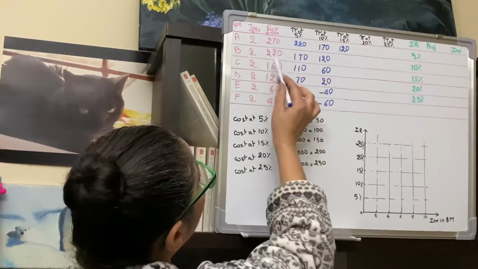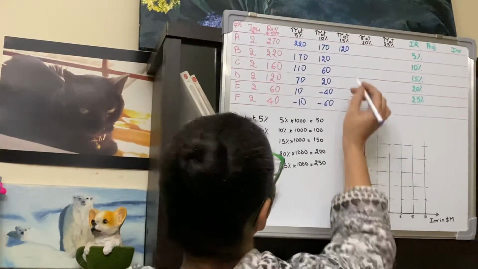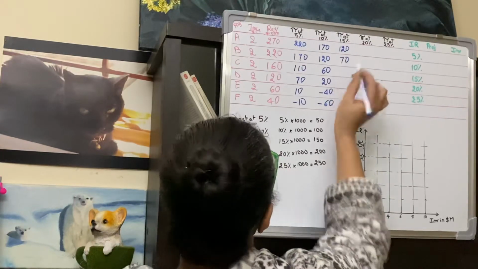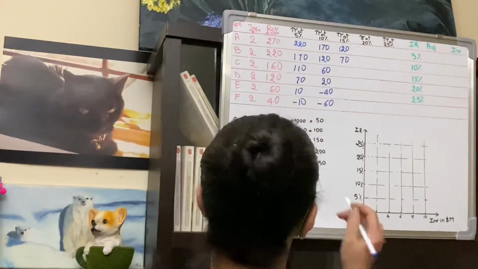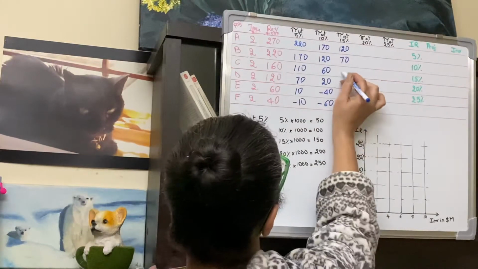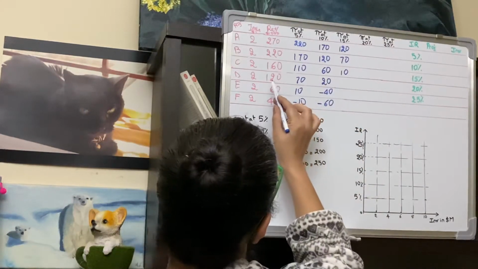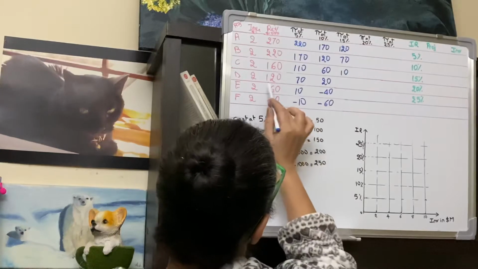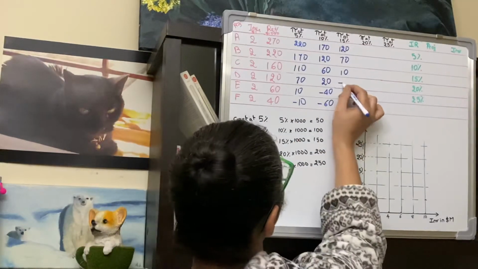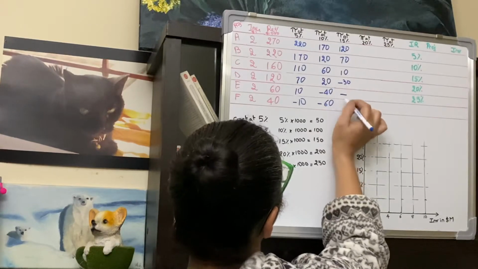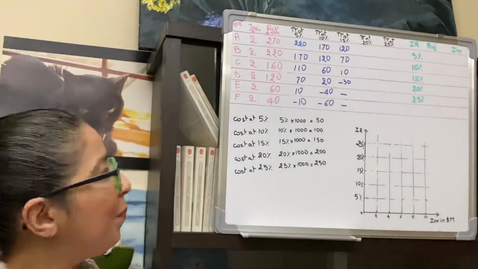Okay, 220 minus 150, that would be 70. 160 minus 150, that would be 10. And then 120 minus 150, that would be negative 30. So as they are in order, I don't need to calculate the rest.